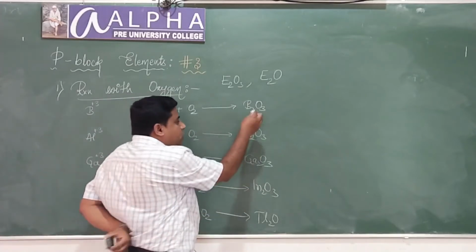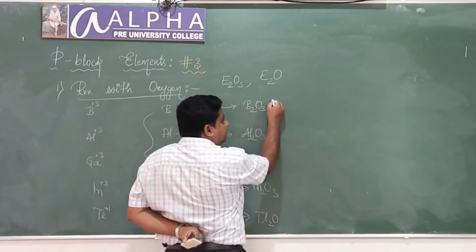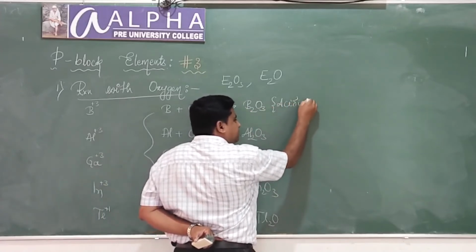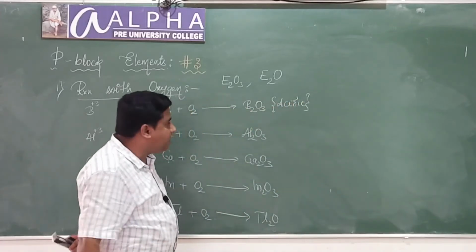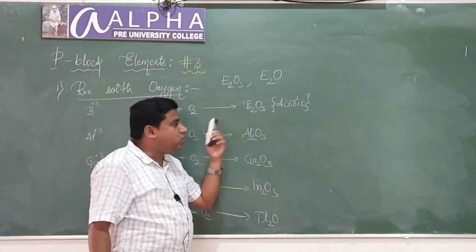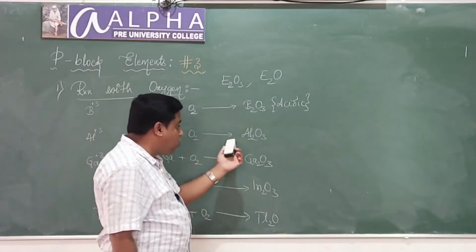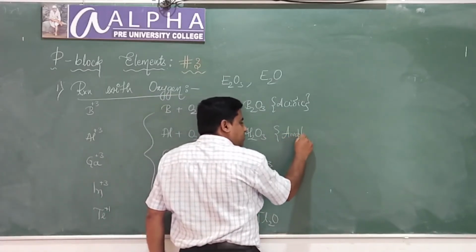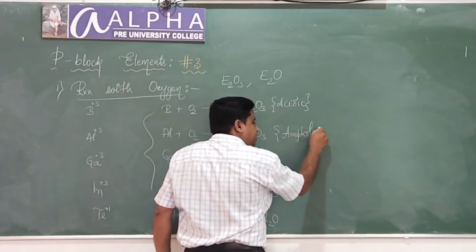See here, boron oxide. This oxide is acidic in nature. Please remember, boron oxide is called boric oxide. It is acidic in nature, whereas aluminium oxide is amphoteric in nature.